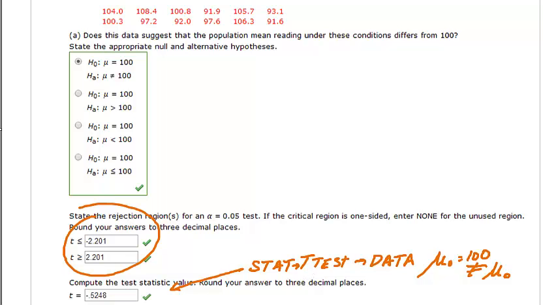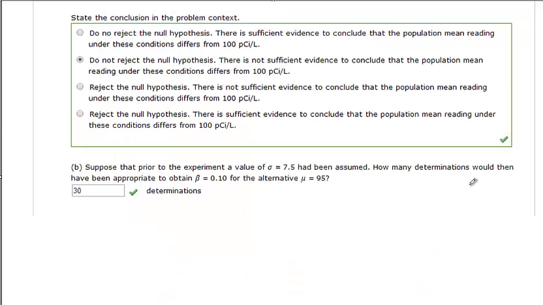Then next, based on this, I wouldn't reject the null, and then for the B part, you're going to need this formula here, where this D equals the difference.